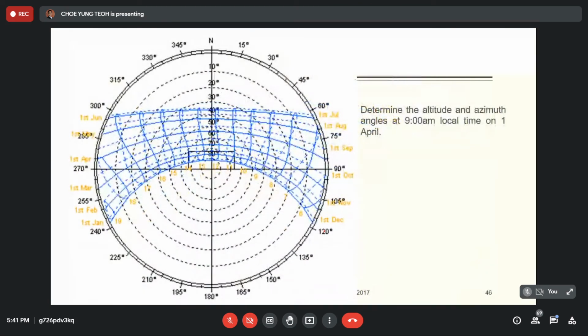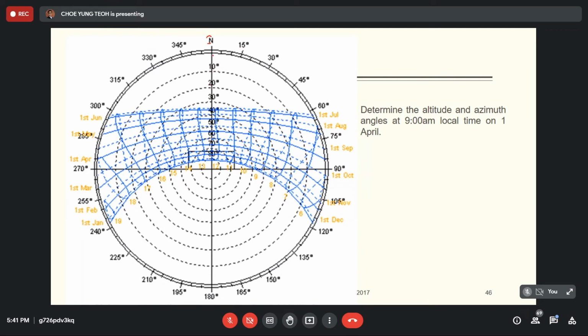Determine the altitude and azimuth angle at 9 a.m. local time on 1st of April. You can see that the angle north 15, 30, 45, 60, and then 10, 20, 30, 40, 50, 60, 70, 80.